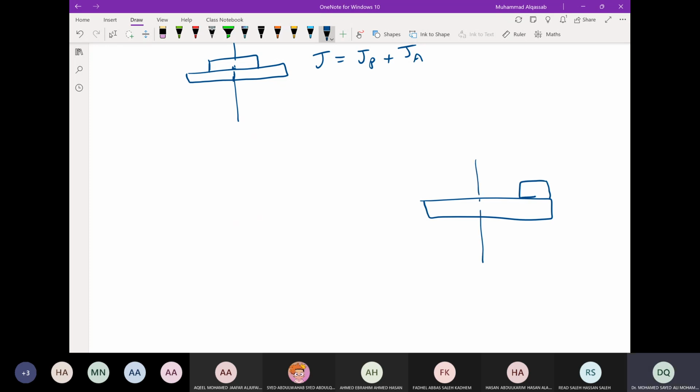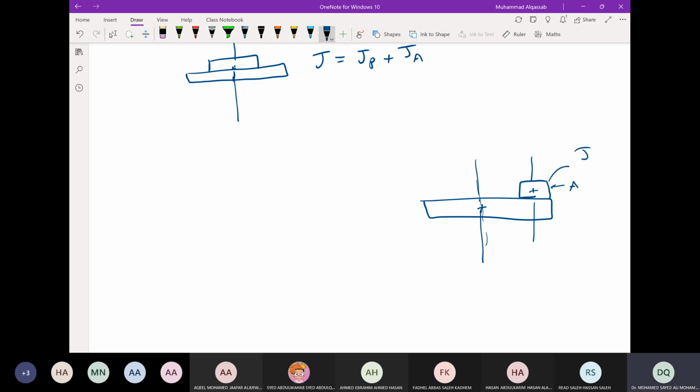Then this is the center line of rotation, passing through the center of gravity of the plate, and the center of gravity of the object is shifted. Then Ja about this line has to be obtained by the parallel axis theorem in order to find the moment of inertia.